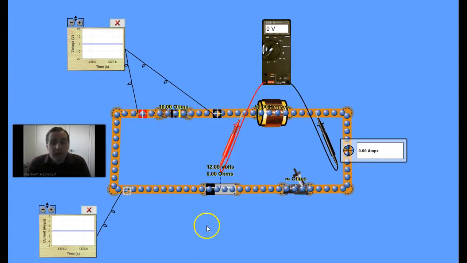So we're going to let the voltage source here be 12 volts, and let's assume it's an ideal battery. Let's also assume that the resistance here is 10 ohms, and that the inductance is 50 henries. Henries are the units for inductance, and again, inductance is often given the symbol capital L.